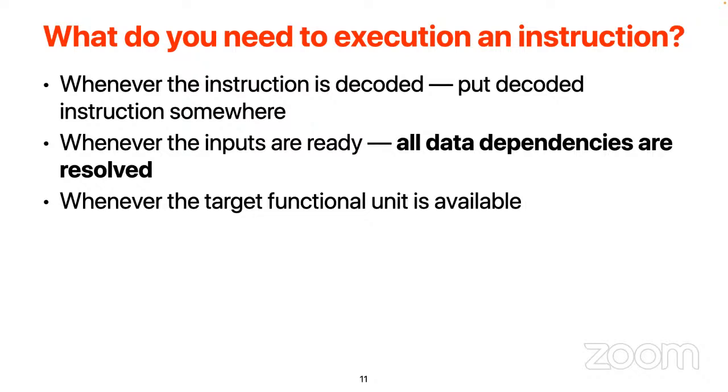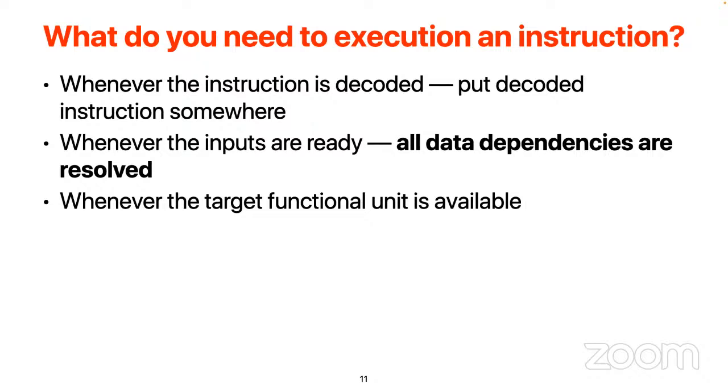That's a very basic criterion. The second criterion is that the inputs the instruction needs are available. If I have all my data available and I know what I want to do, how come the instruction cannot be executed? And the third thing is, as long as there's a functional unit available.